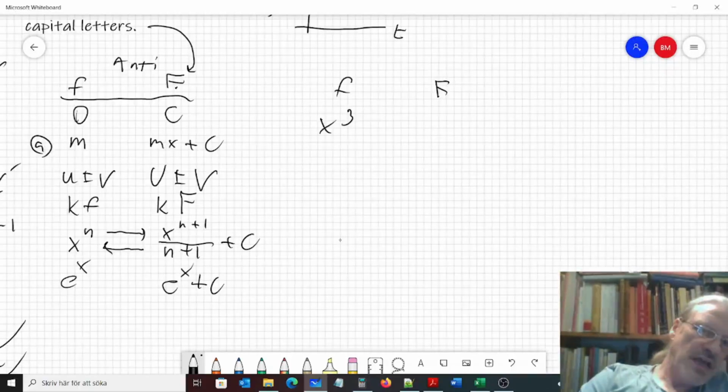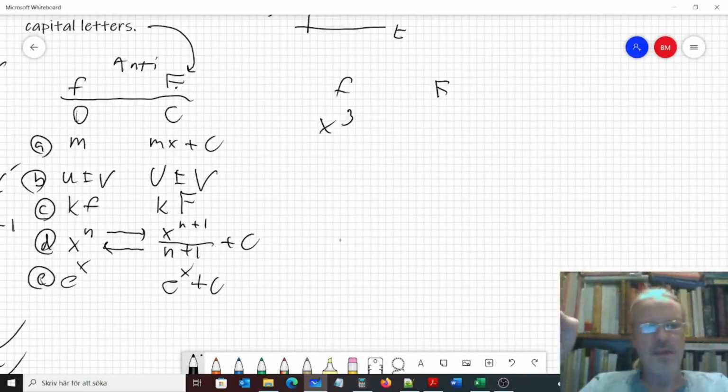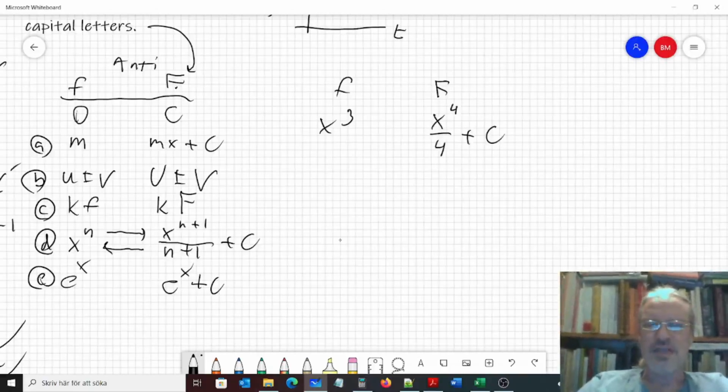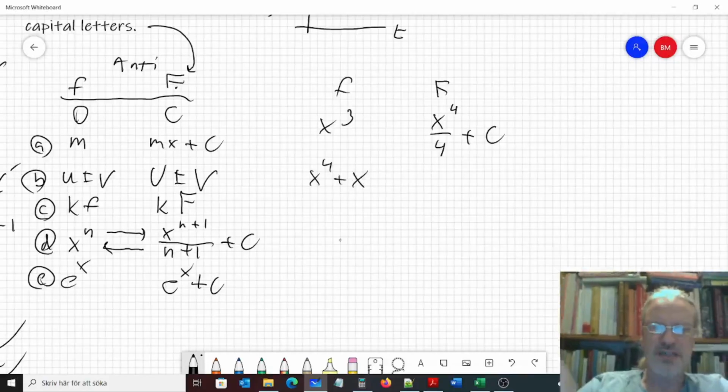Say call this A, B, C, D, and E. So according to rule D, this will become x to the power of 4 over 4 plus c. And you can test yourself, take the derivative of this to see that you actually get x to the power of 3 back.